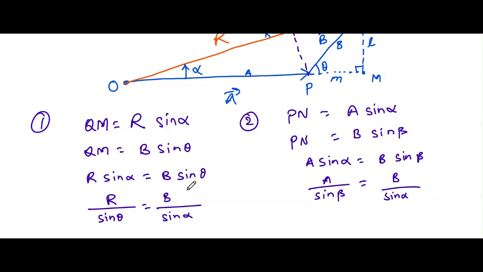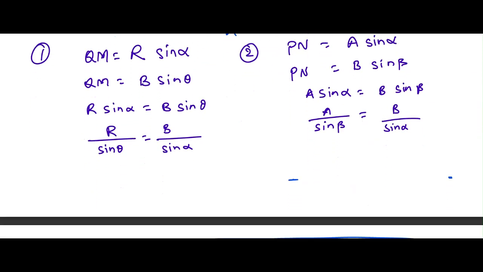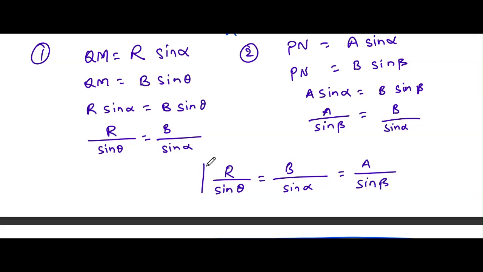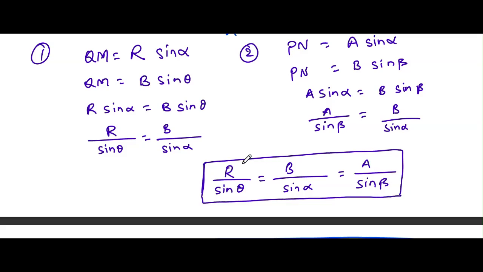So the left hand sides of these two equations should be equal if the right hand sides are equal. So we can write R by sine theta equals B by sine alpha, which equals A by sine beta. And this way we have got the law of sines. In case you have any doubt, you can ask me in the comment section.